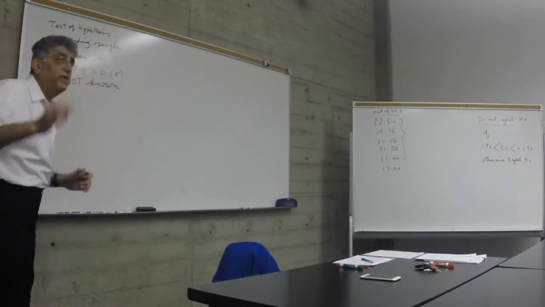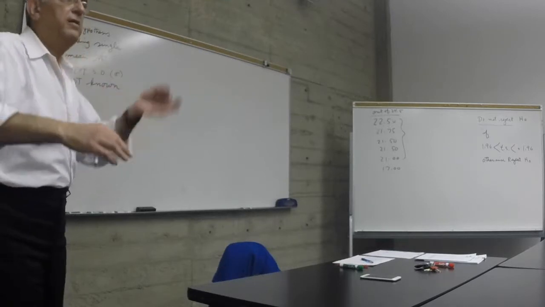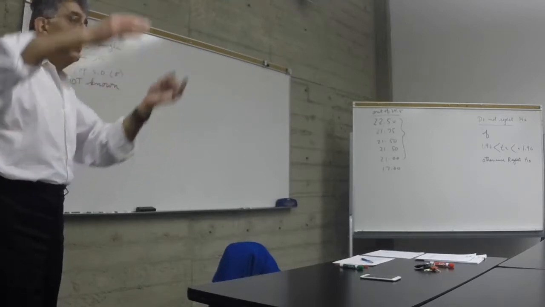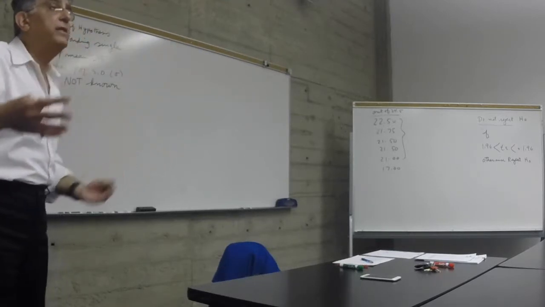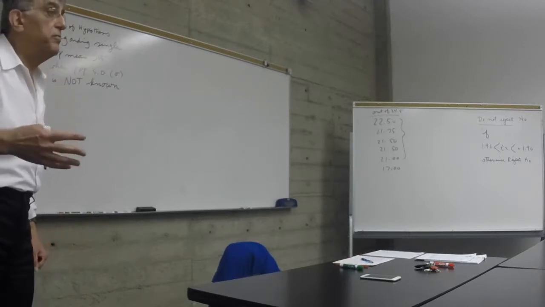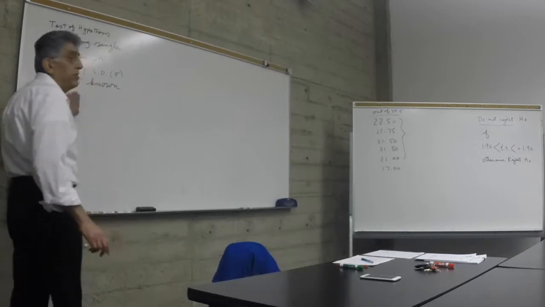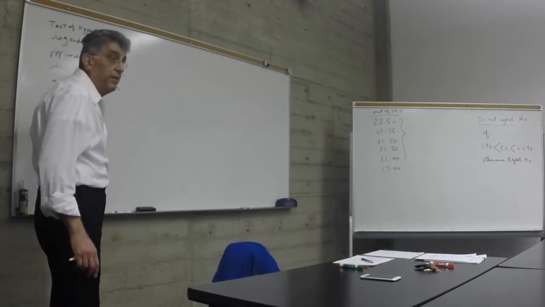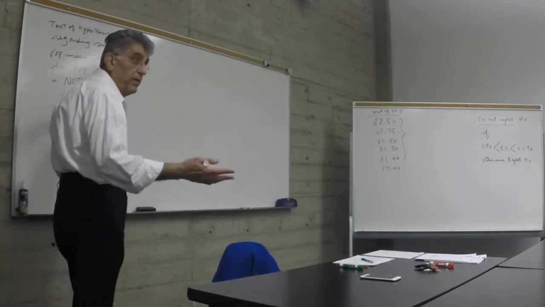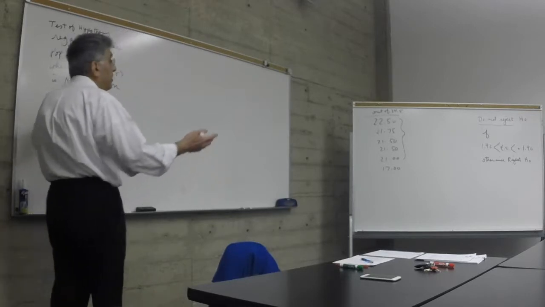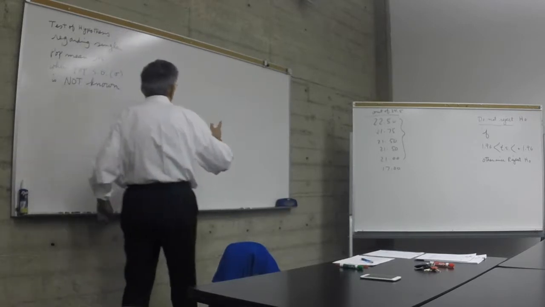Everything that we learned on the first test is true. The only difference is that now, because the population standard deviation is not known, we cannot use the Z table. We're going to go to the T table. That's one difference.